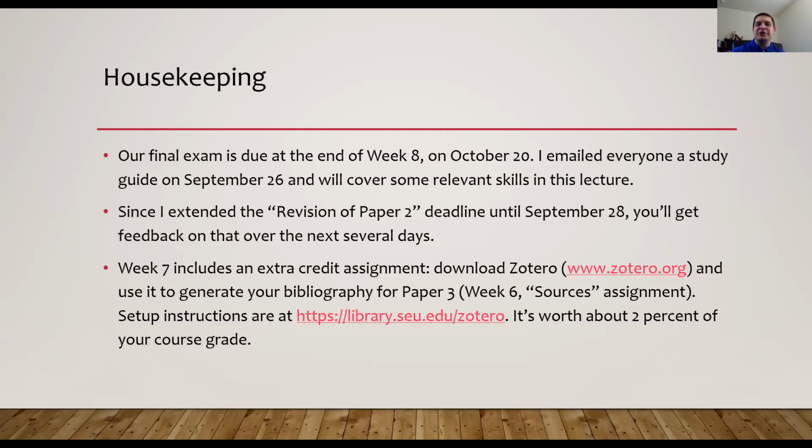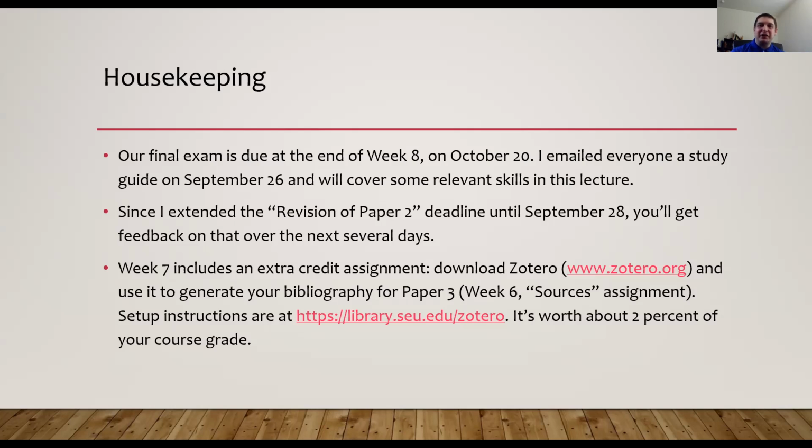One of your assignments for week 6 is called sources, and that is finding 2 sources to use in paper 3, and I will talk you through that in a few minutes as well. I recommend that you go ahead and install Zotero. It's kind of annoying, but it's very useful once you get started. So set aside some time for that.